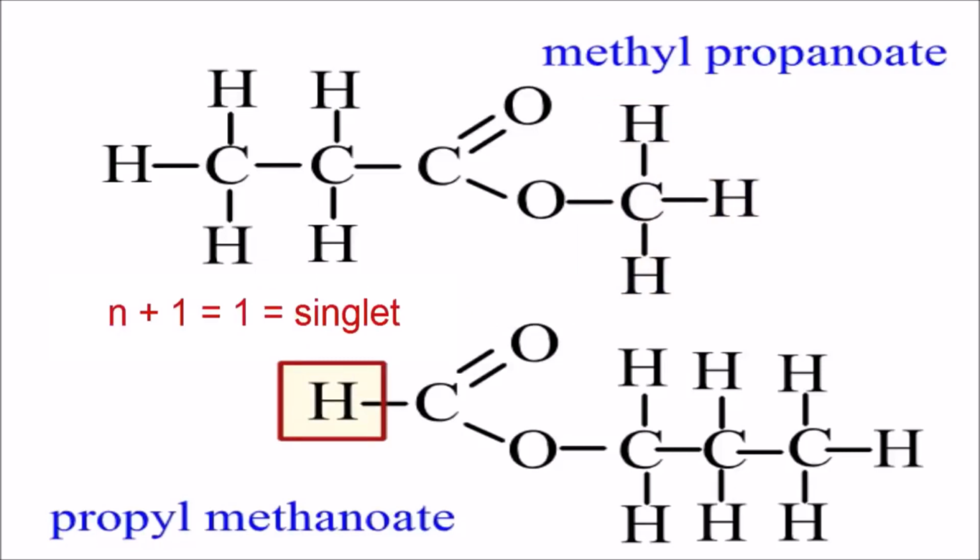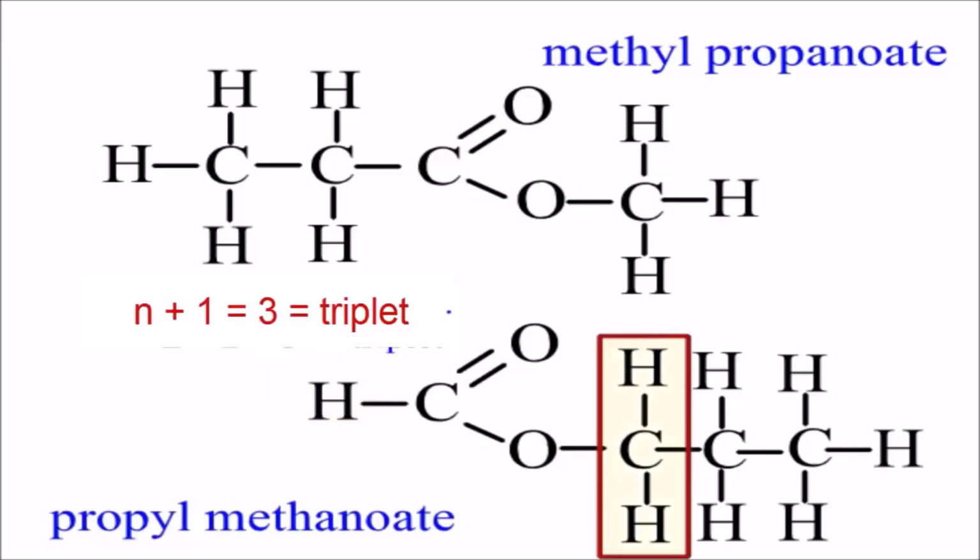Down now to propyl methanoate. That hydrogen there, well, the carbon it's attached to is not attached to any atoms that are directly attached to protons, so that'll give us a singlet. That CH2 there, well, none to the left, but to the right it has 2 adjacent protons. It will form a triplet. Now the next carbon has a lot of adjacent protons.